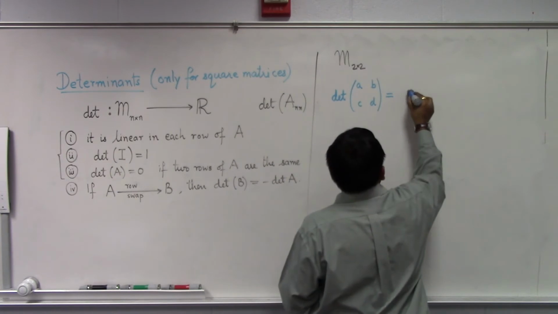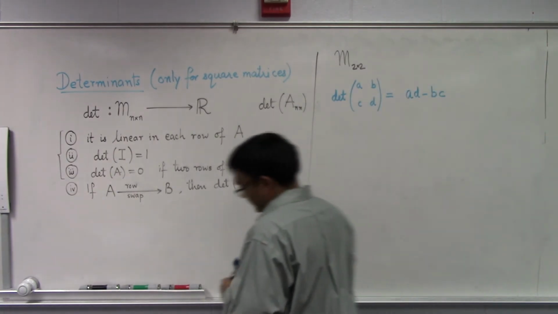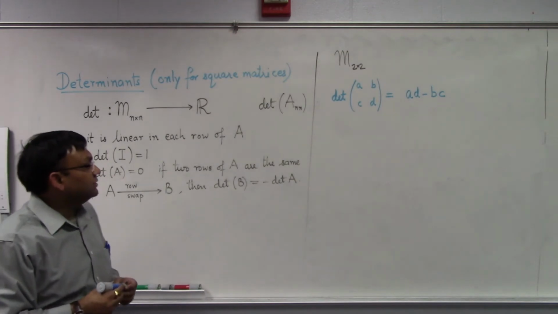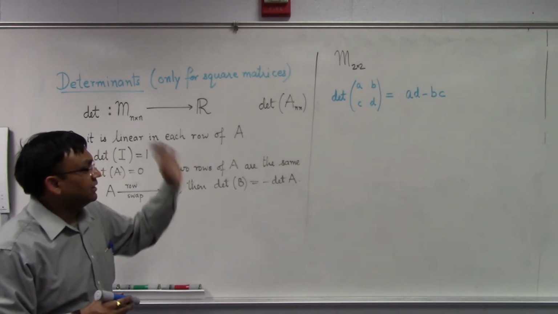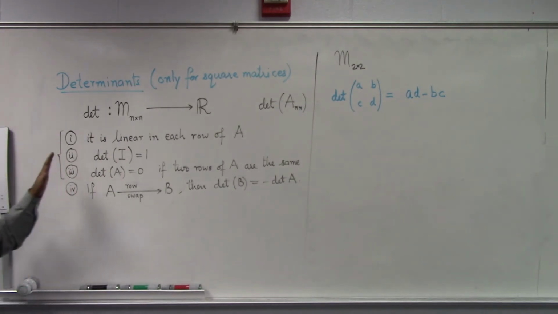First let me give you a candidate function, and then I'll show you that this is the only function which can satisfy all these three properties. From some class in high school or maybe in multivariable, you might know that determinant, we say, is AD minus BC. Does this function satisfy everything that we are requiring of it?